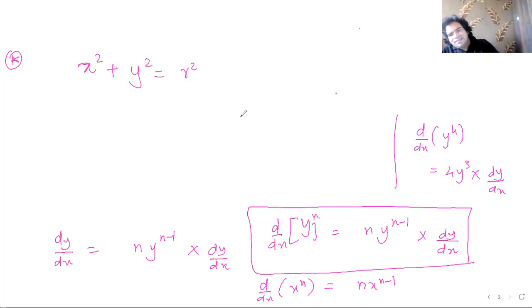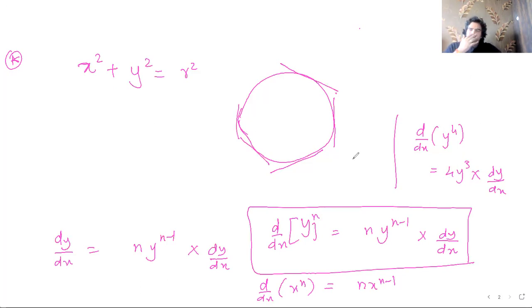Let's say what I'm asking is, you have to find out the slope formula for the circle at any given point. And how do we find that out? In this case, when you're finding the slope formula for x squared plus y squared equals r squared, you differentiate both sides with respect to x. You need to write this step.